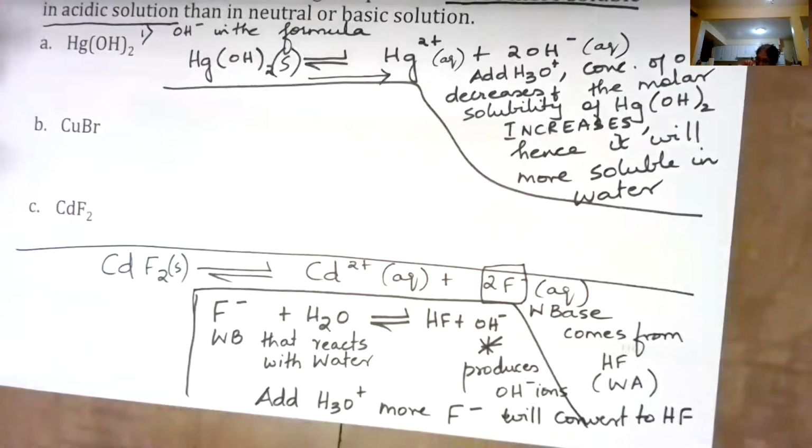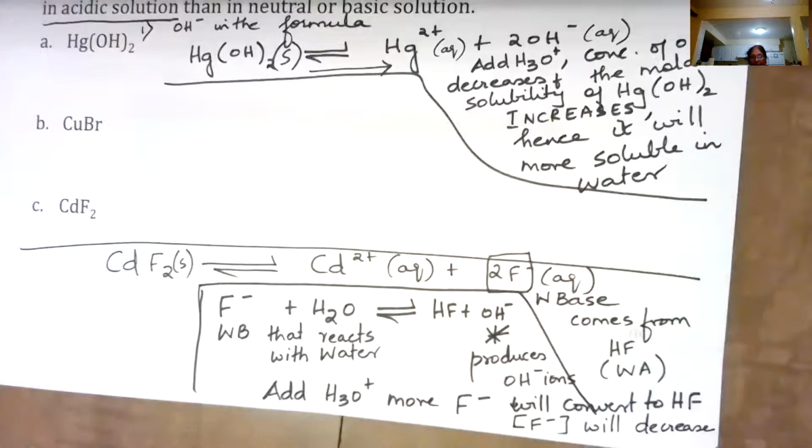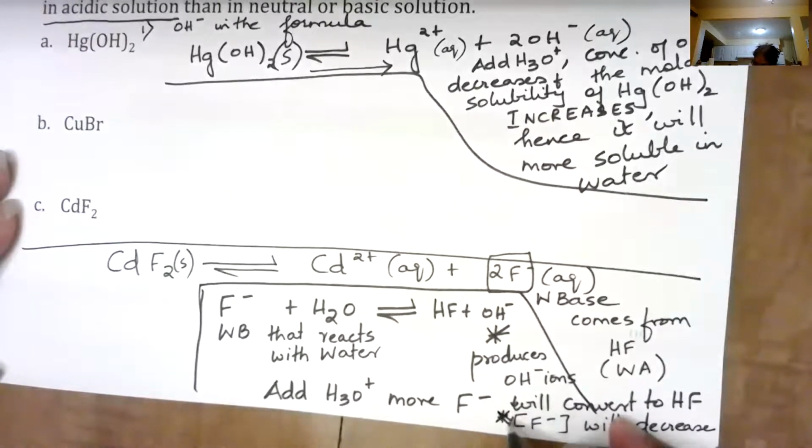And then what happens? The concentration of F minus will decrease. See that? And so I'm going to put a star there.